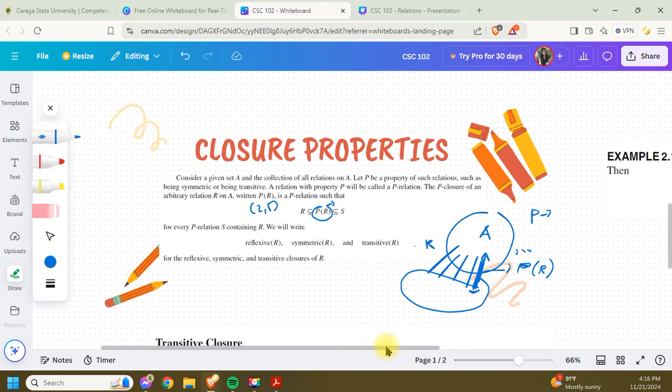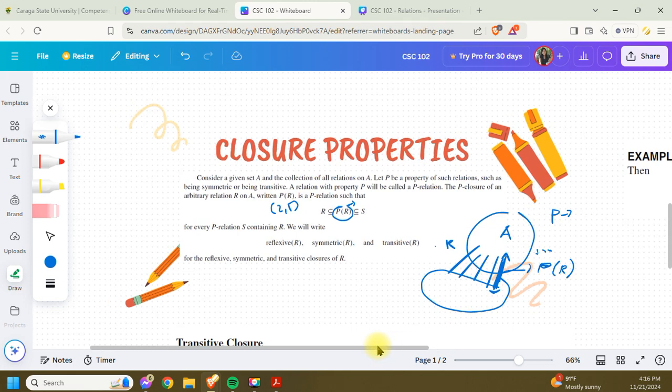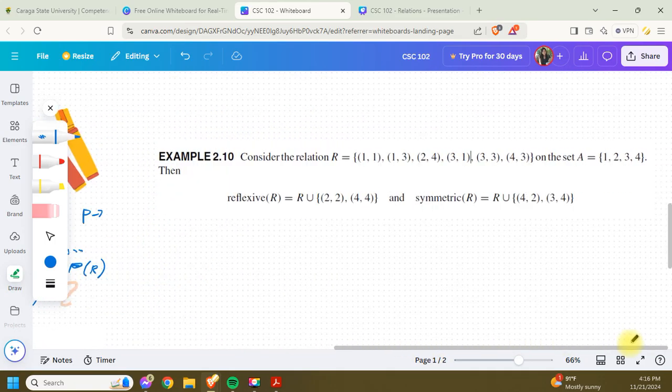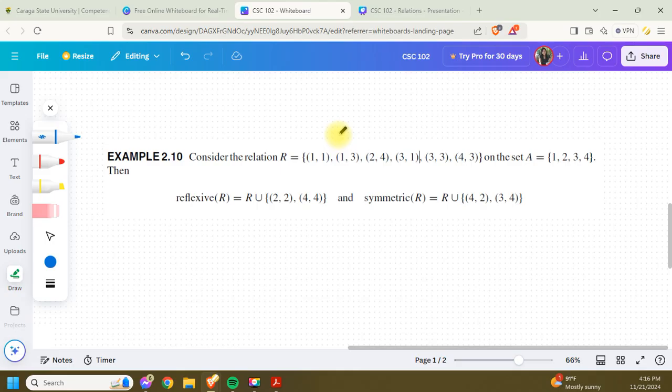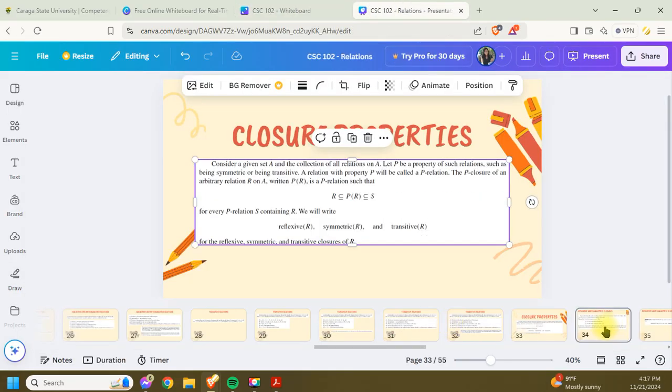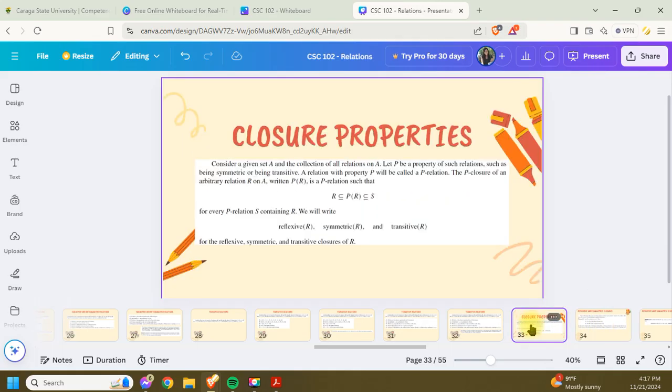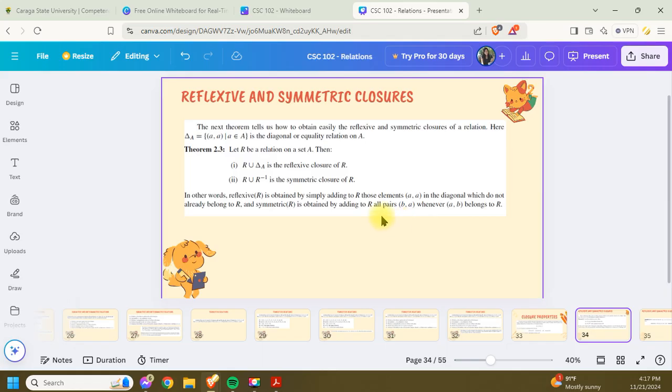Now, I don't know why it's called closure when it is simply defining P of R. Anyways, this is the example for that one. Say, for example, you have a relation that looks like this one.